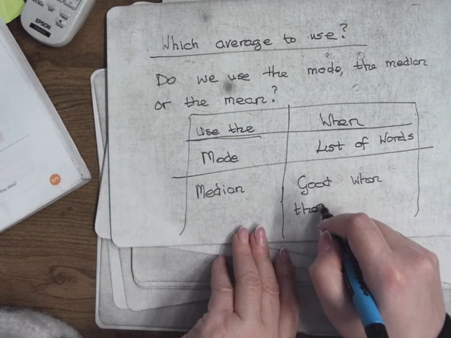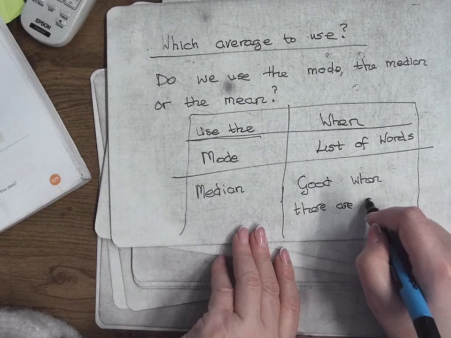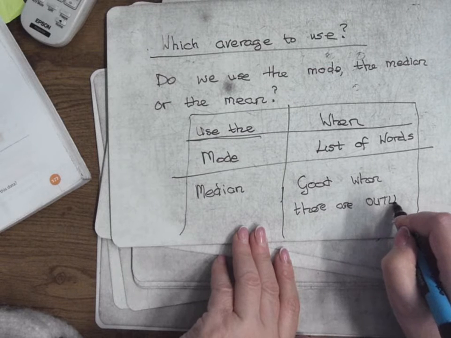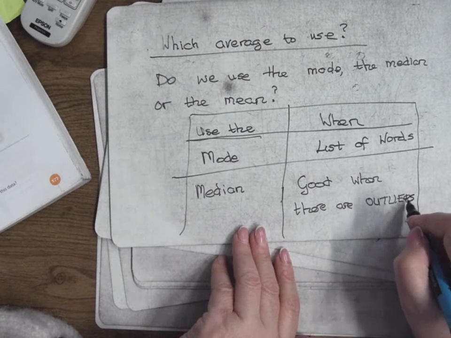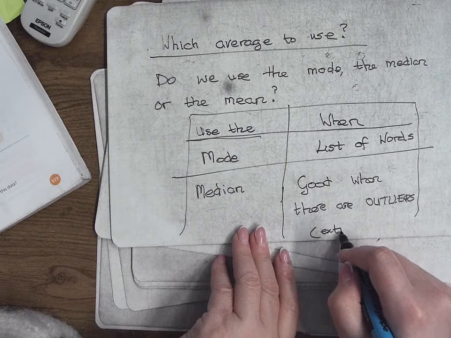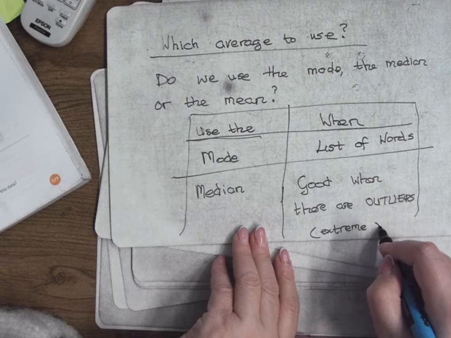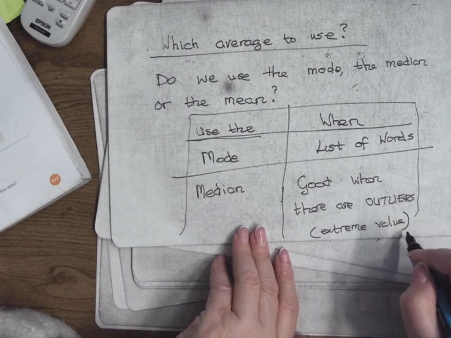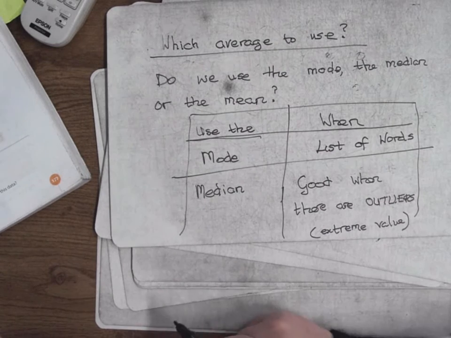Outliers is a new word. An outlier is an extreme value that's going to distort the mean. If you just write it down, I'll explain what I mean.